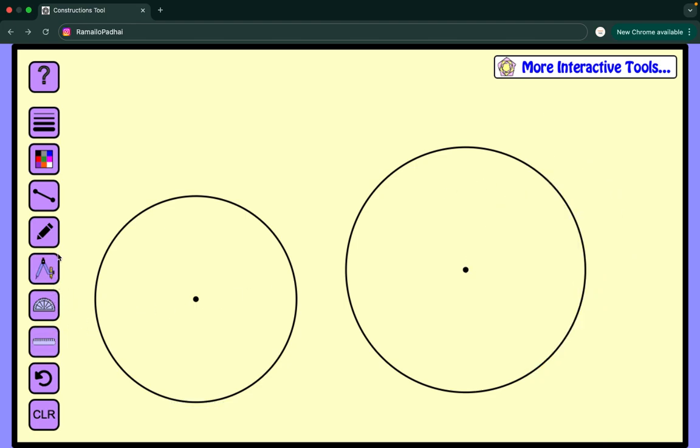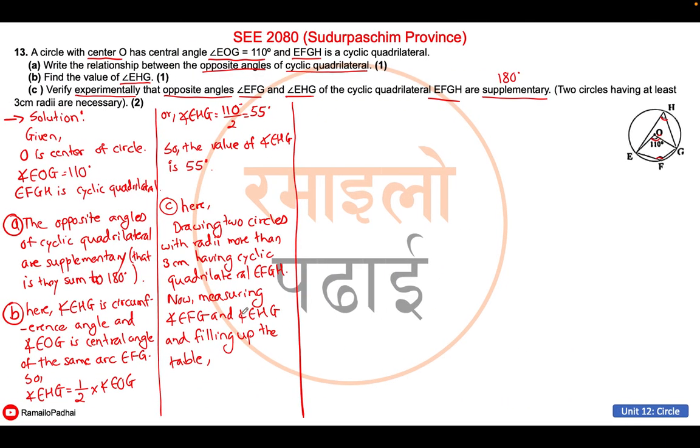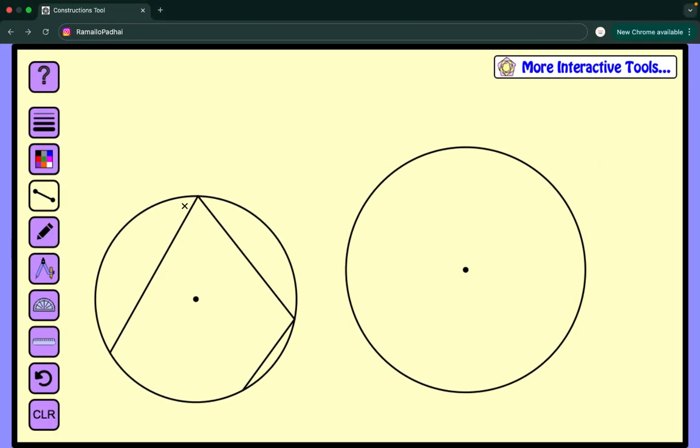Fine. Now what we need to do is make the cyclic quadrilateral. What we need to measure is EFG, this angle and this angle.